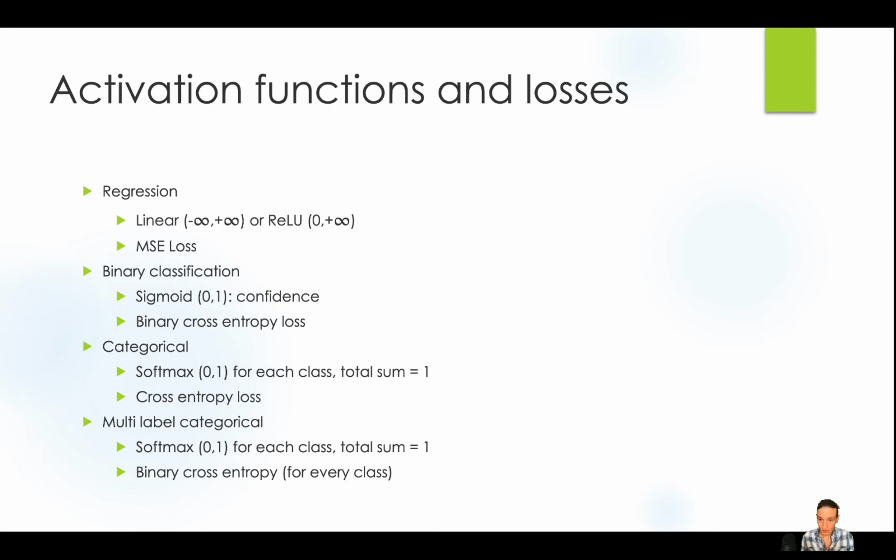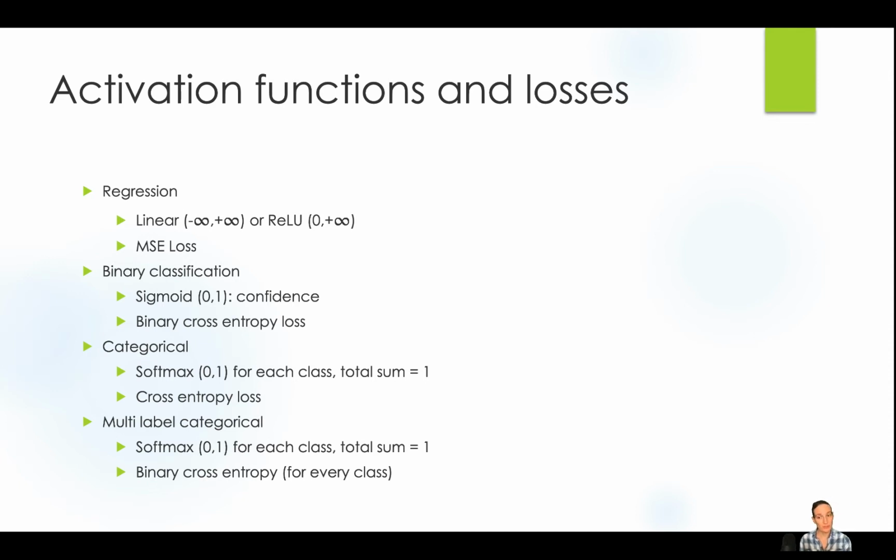Other problems include binary classification. We talked about this at length last class. For binary classification, sigmoid is a very popular activation function which gives us basically confidence or probability. It outputs a value between 0 and 1. When we're optimizing a neural network for binary classification, we can use binary cross-entropy loss, which we derived during last class.